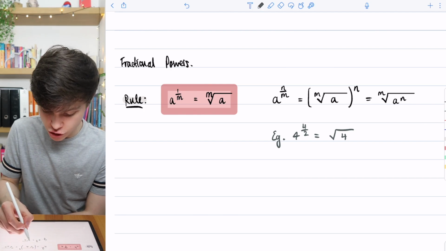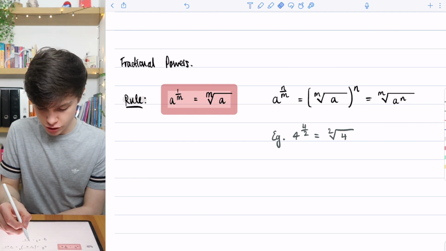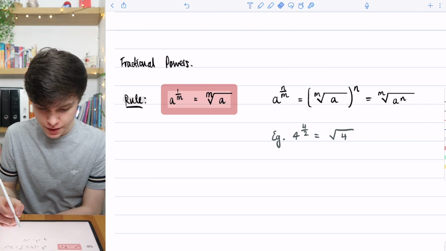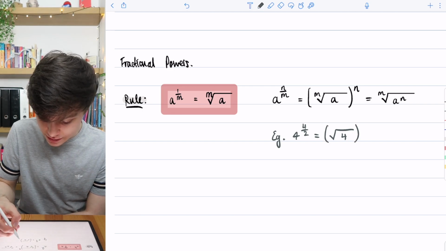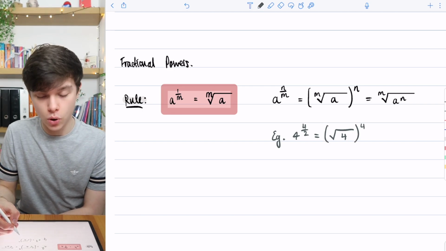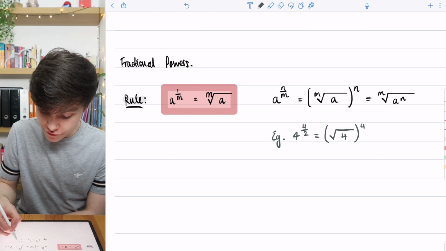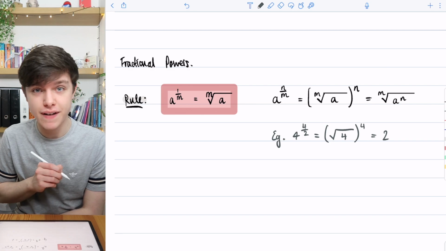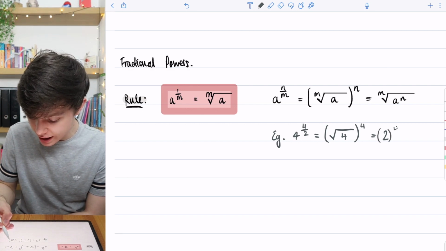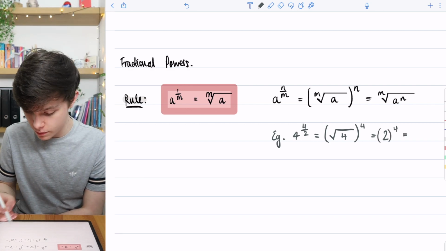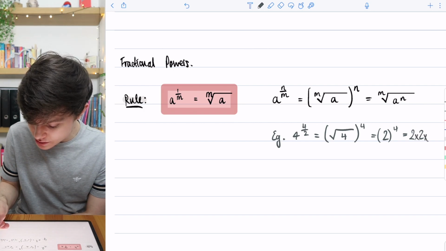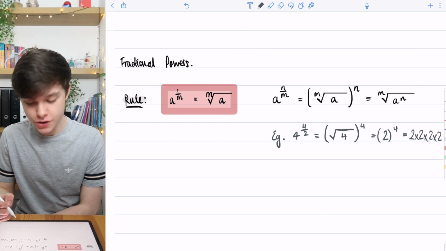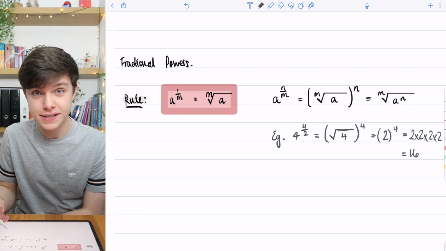We need to introduce a 2 here, but we never write the 2 because it's just square root, so that can disappear. Then raise that to the power of 4. The square root of 4 is 2, so we can simplify that, and then we still have the brackets to the power of 4. Remember, that's 2 times 2 times 2 times 2, which is 16.